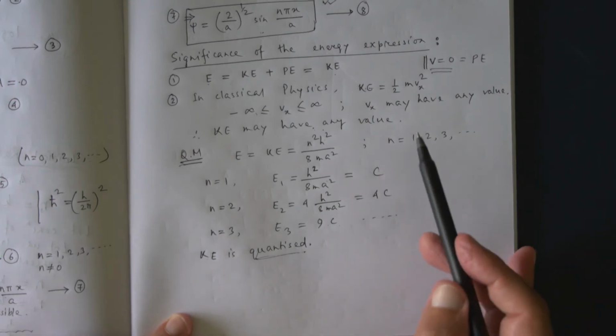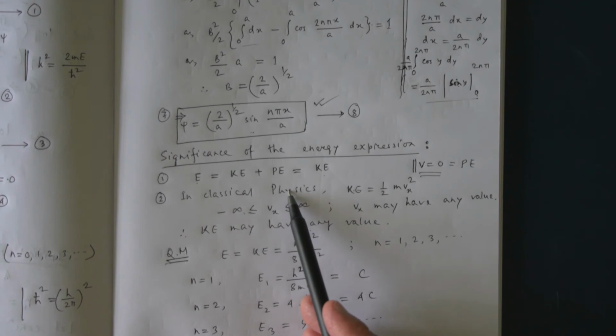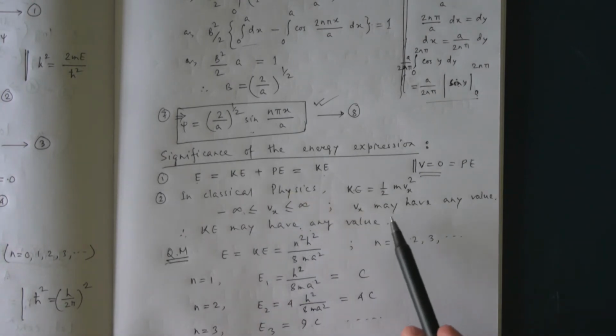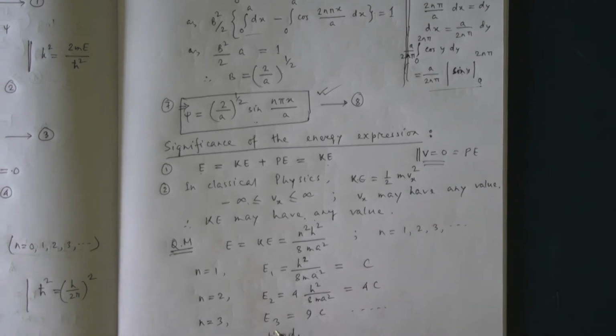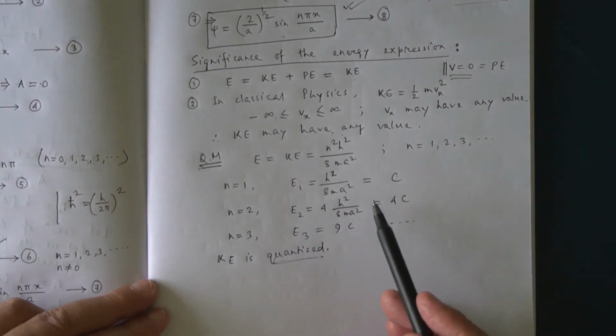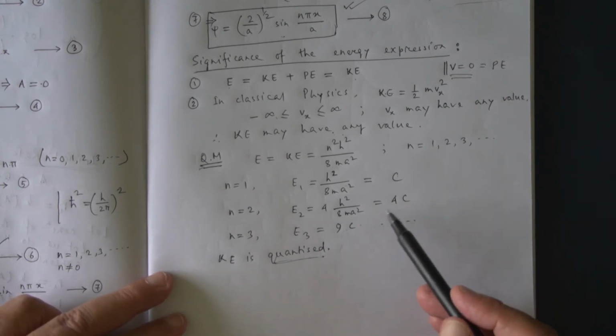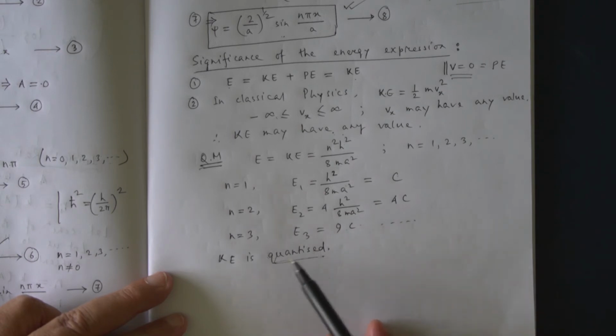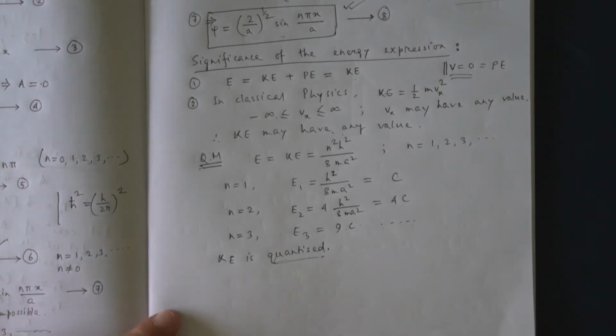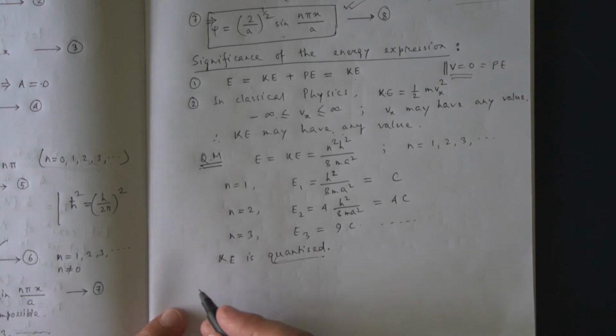I repeat, in classical physics, any value of kinetic energy is possible. But in quantum mechanics, arbitrary values are not possible. Only some definite values are possible. That is, kinetic energy is quantized. This is the second significance.